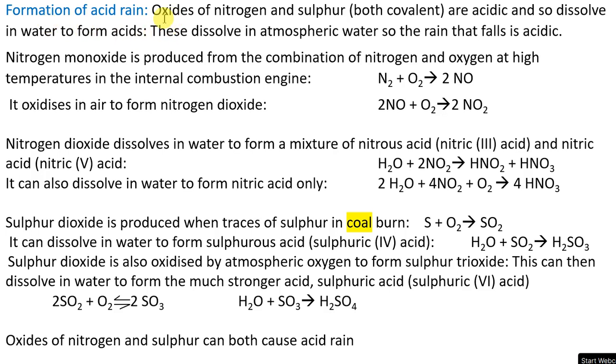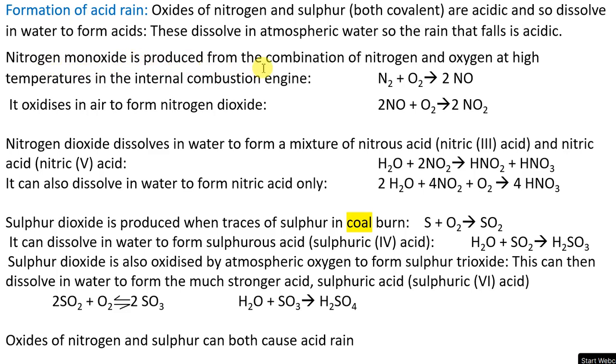Formation of acid rain. Oxides of nitrogen and sulfur, both covalent, are acidic, and so dissolve in water to form acids. These dissolve in atmospheric water, so the rain that falls is acidic.